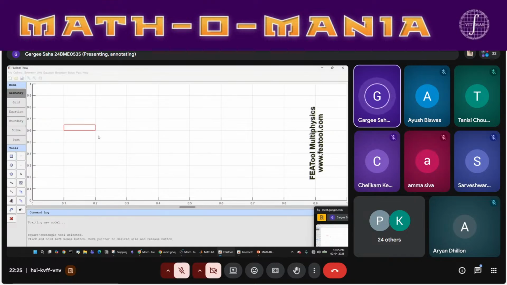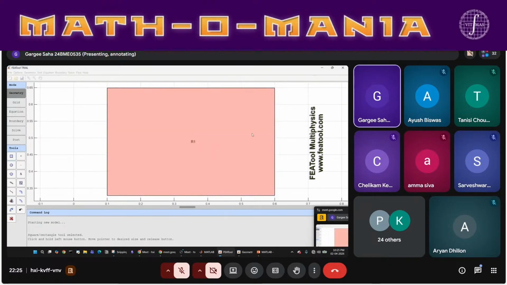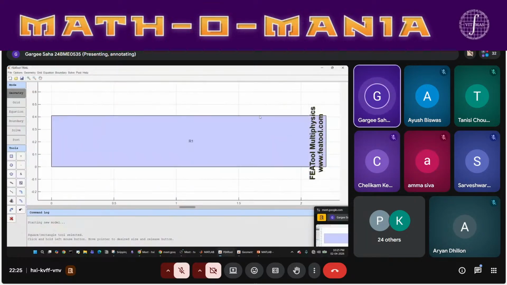So let us first make the rectangular chamber, and then we will define its geometry, which is already given as 2.2 and 0.41. So this is a rectangular chamber, and now let's define the space in which the cylinder will go.